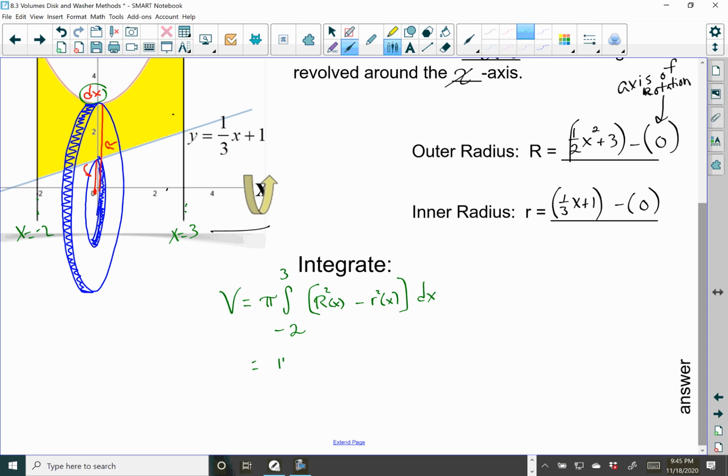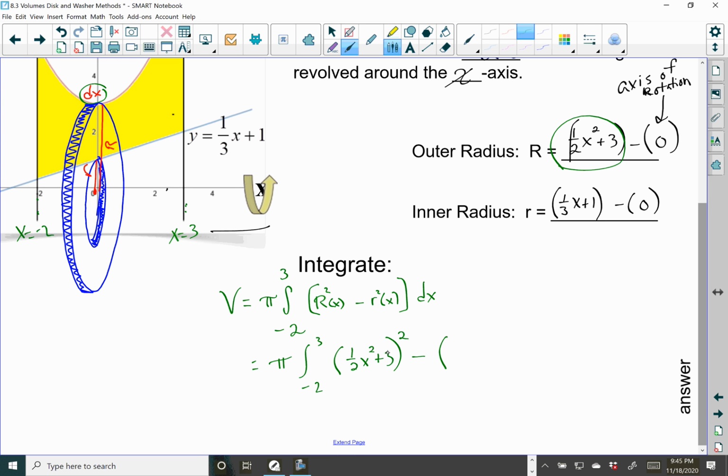So let's put some functions in place here. Big R, that's going to be a 1/2 x squared plus 3 quantity squared minus little r.